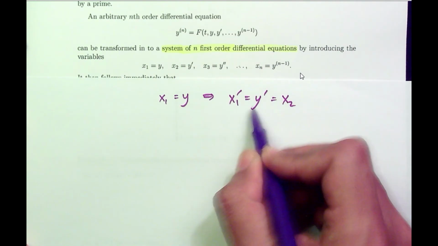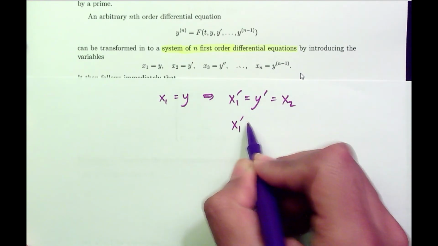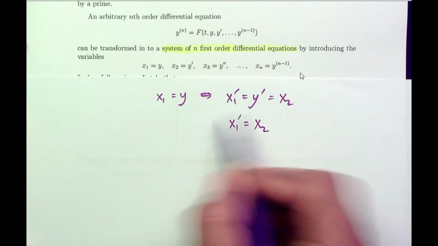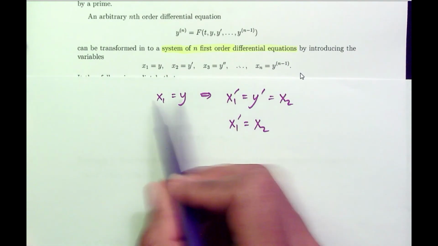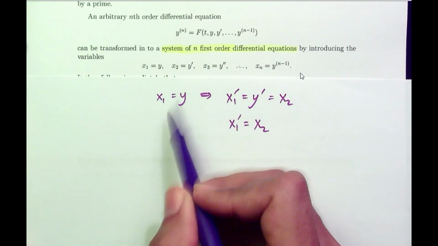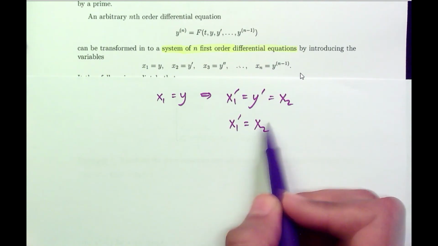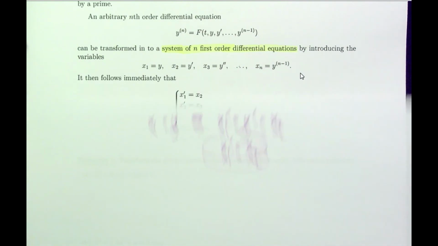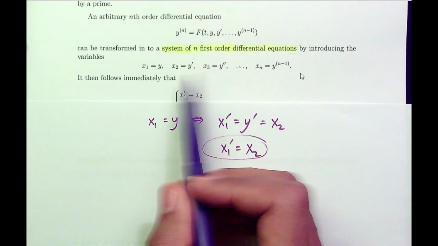So then, getting rid of that y prime in the middle, your equation becomes x1 prime equals x2. And now that's an equation that doesn't have y in it. So that's going to be your first equation: x1 prime equals x2.